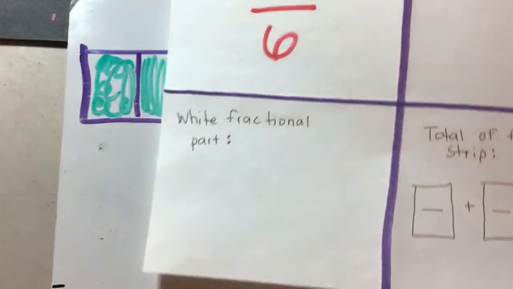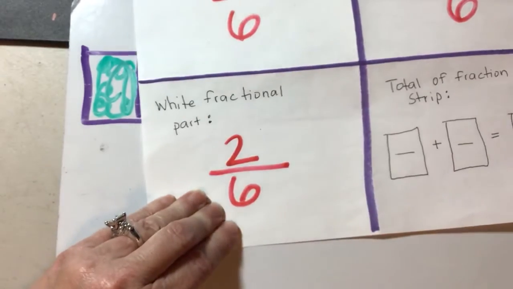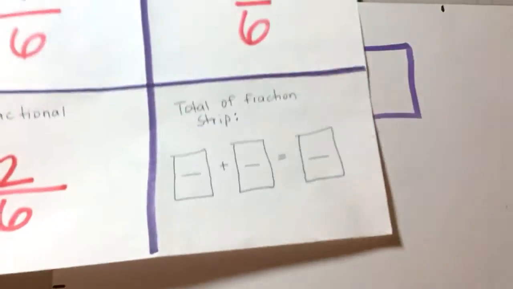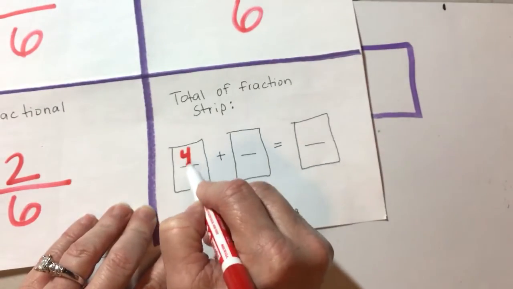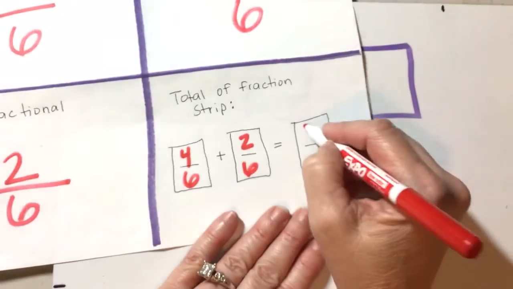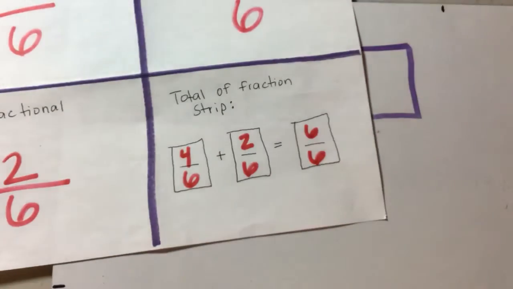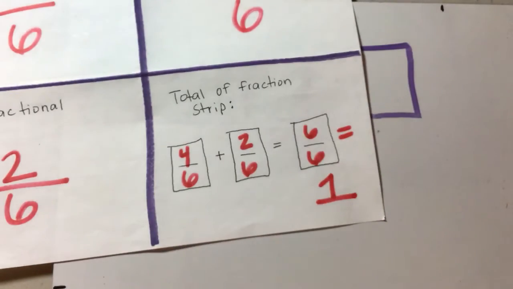The white fractional part, you should have written 2/6. And then to get your total fraction strip, you should do 4/6 plus 2/6 equals 6/6, because that equals 1. There you go. Good job.